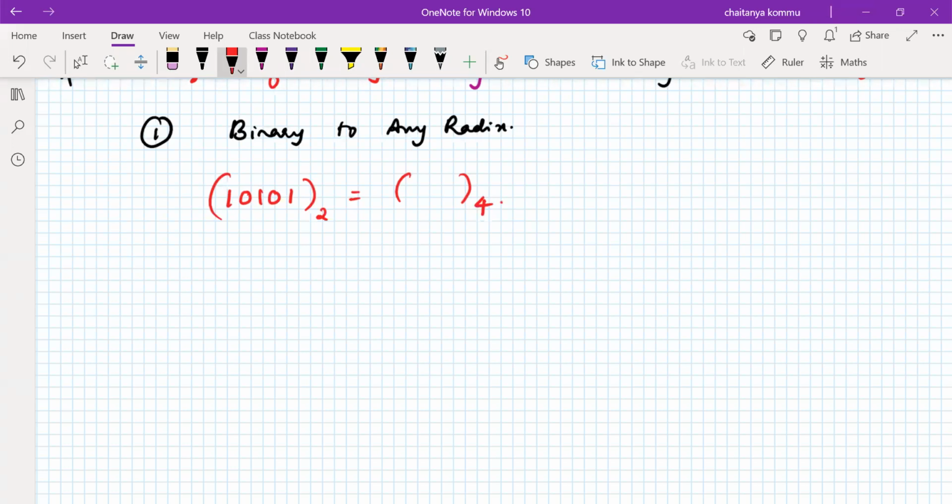But my requirement is to convert into another base system. Therefore, what I have to do is convert this base number system into the base 10 radix system first. From this radix system, I have to go for radix 4. It's easy for us to convert into radix 4.